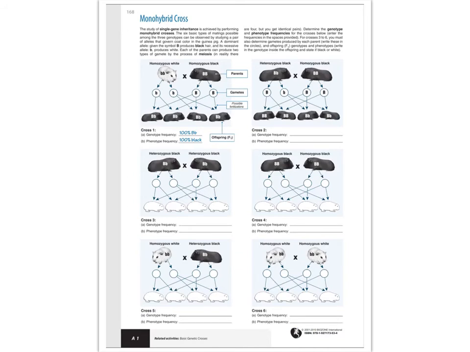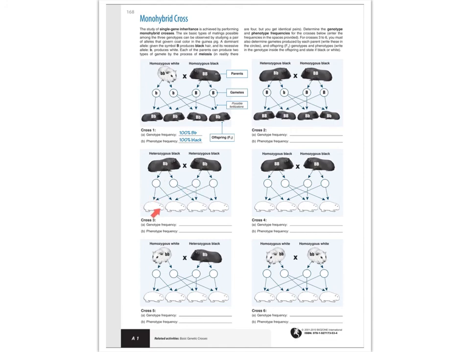So here's some more crosses and some more Punnett squares. Here they're asking you to fill in the gametes. How many different kinds of gametes can this produce? A big B here and a little b there. That's pretty much all they can do. Here, big B and little b, and then we produce those two different kinds of gametes here, two different kinds of gametes here.